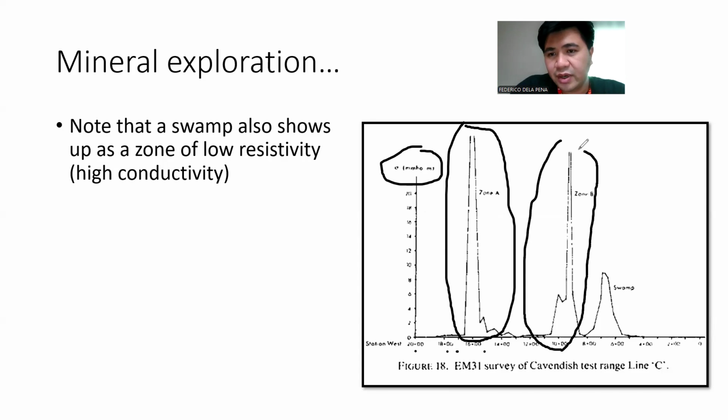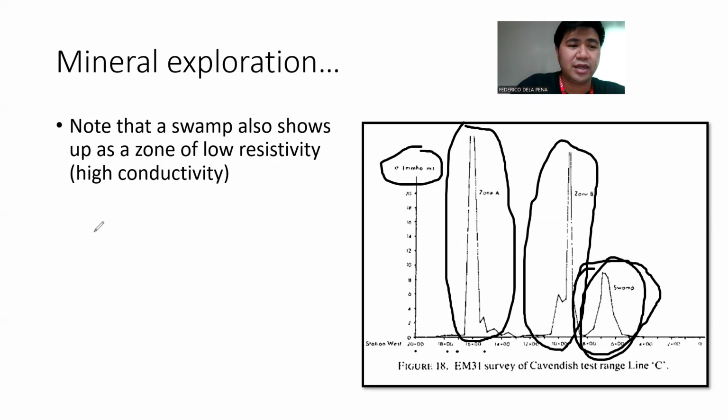This one is the other one encountered at the middle. And the swamp is also conductive. So swamp, it's wet. Okay, you also have a lot of maybe clays. Clays are generally conductive. So you have a relatively conductive reading near the swamp area.